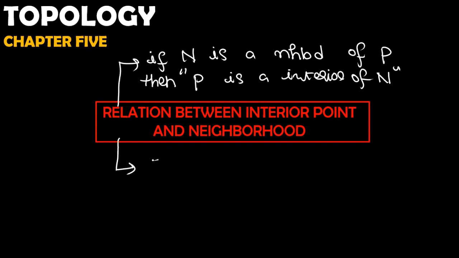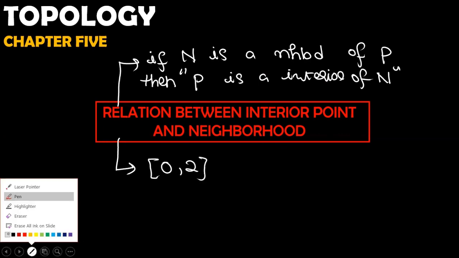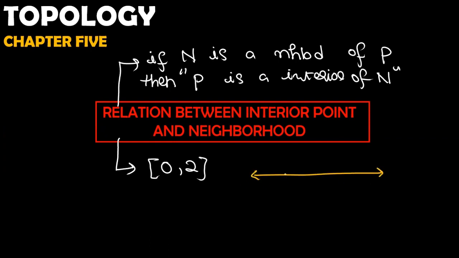Okay, like this, 0 and 2. This is our closed interval. So this is 0, 1, and 2, with closed interval.